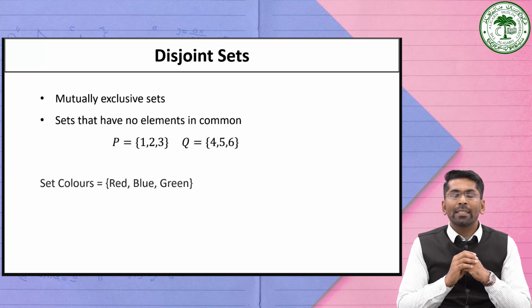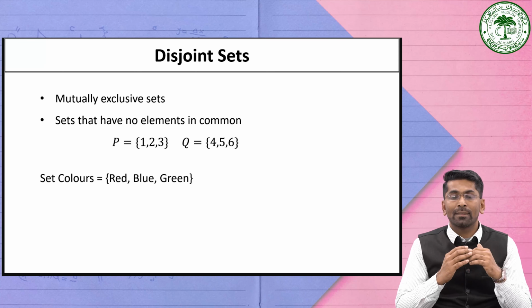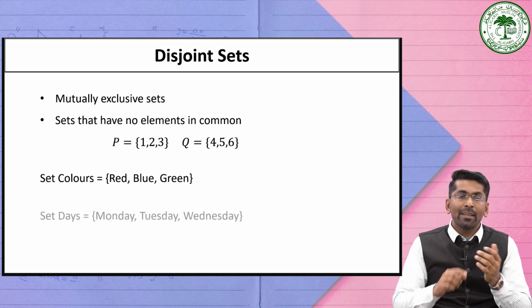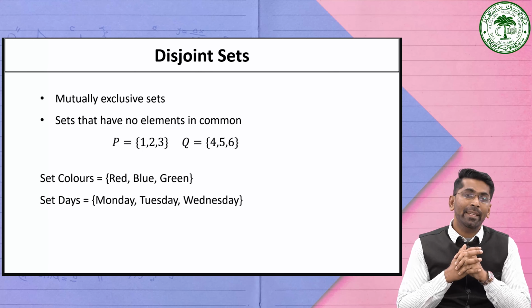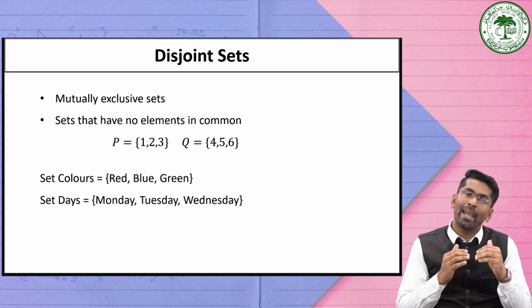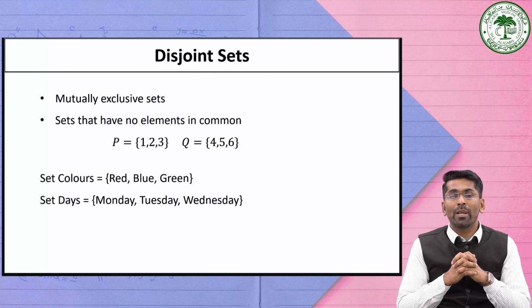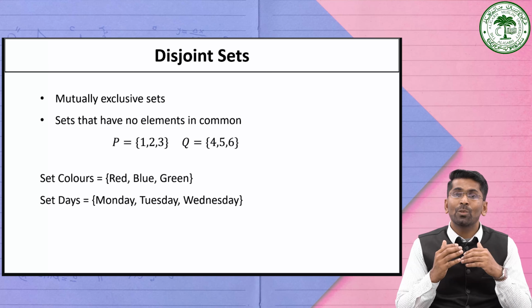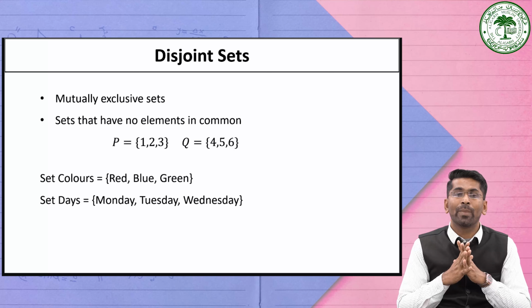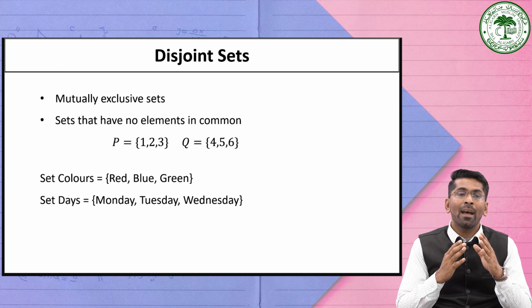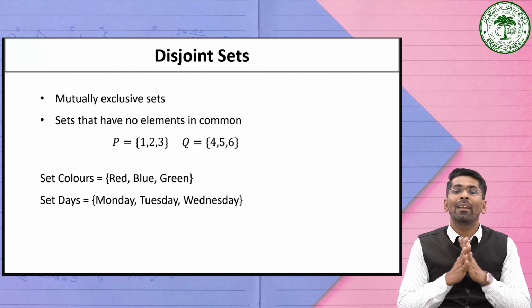Let us consider another example: the set of colors, which includes red, blue and green, and another set of days, Monday, Tuesday and Wednesday. These two sets are disjoint sets, because the criteria of these two sets are entirely different.